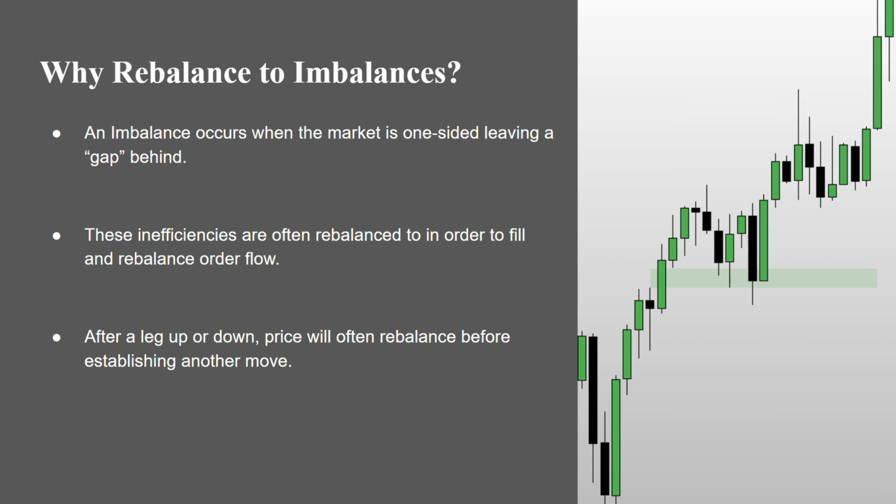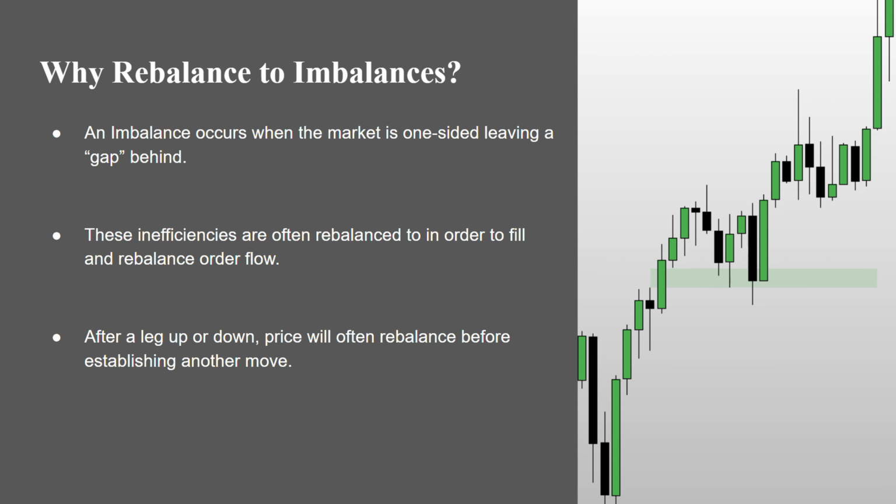And so these inefficiencies, these imbalances that form off those moves, are often rebalanced to in order to fill and rebalance order flow. And so in these rebalances, you wait for that to occur. You wait for those confirmations. And if there are clear objectives above, you wait for those confirmations to come and you enter, taking full advantage of those moves.